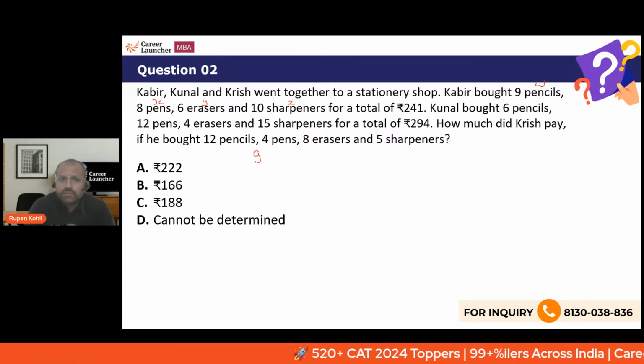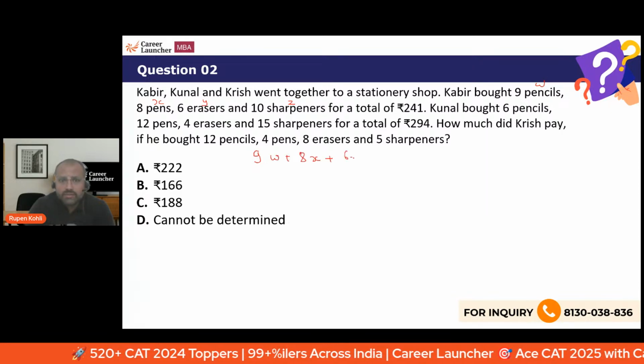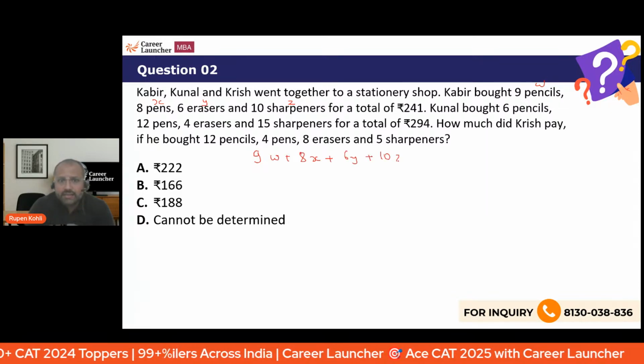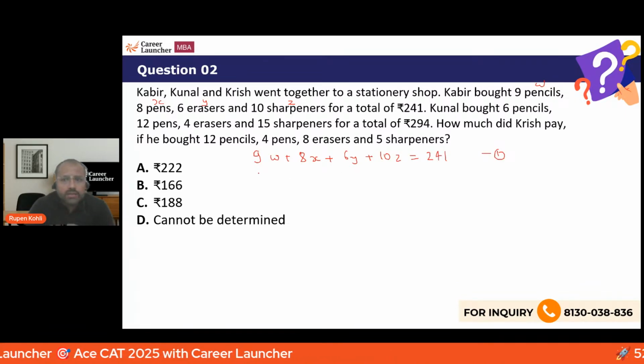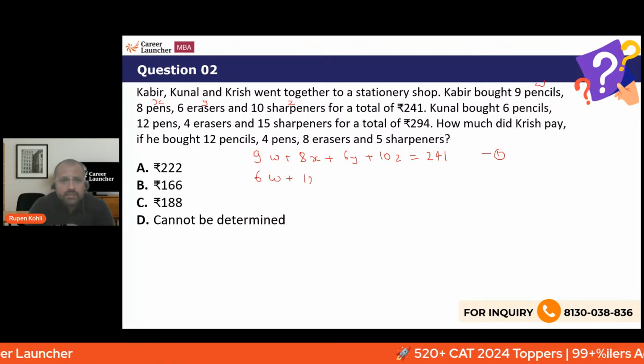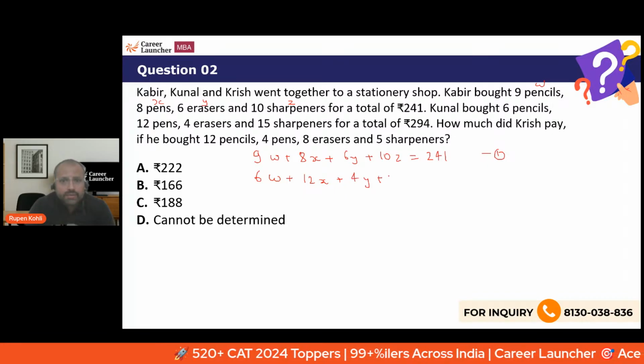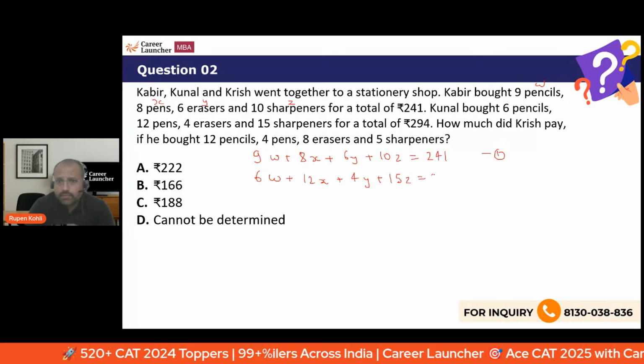So our equations become 9w plus 8x plus 6y plus 10z is 241, my first condition. And the second one, for Kunal, is 6 pencils, 6w, 12 pens, 12x, 4 erasers, 4y, and 15 sharpeners, 15z, is 294.